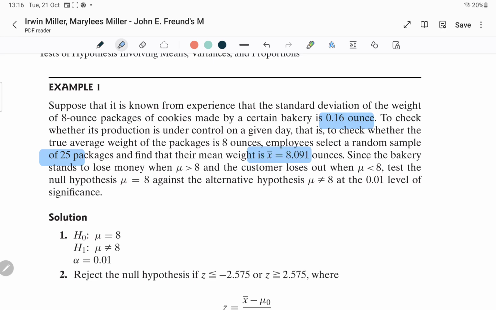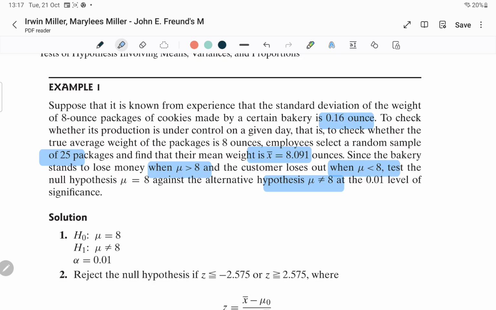The bakery stands to lose money when mu is greater than 8 and lose customers when mu is less than 8. Test the null hypothesis mu equal to 8 against the alternative. Both hypotheses have been mentioned here already.